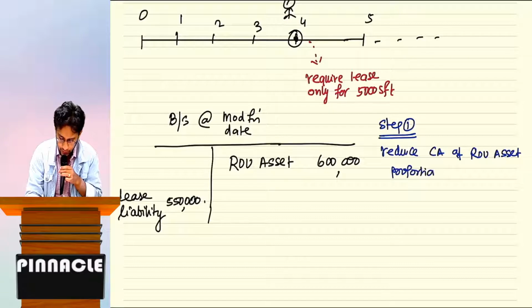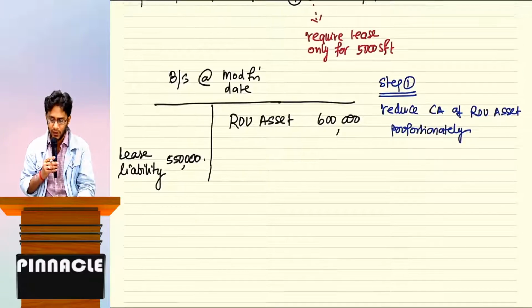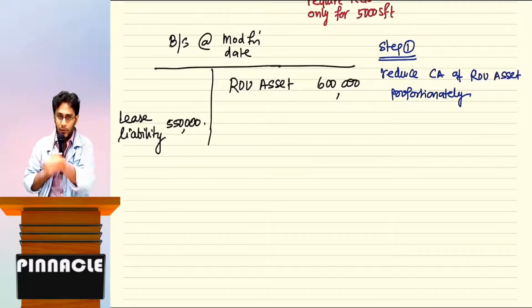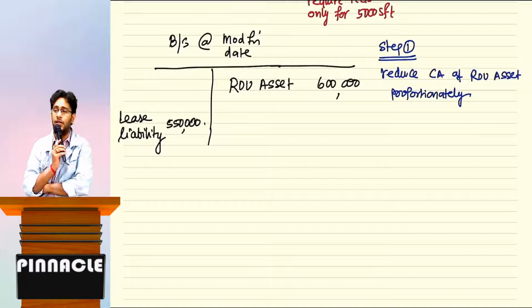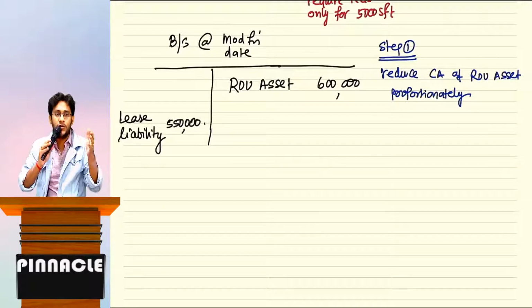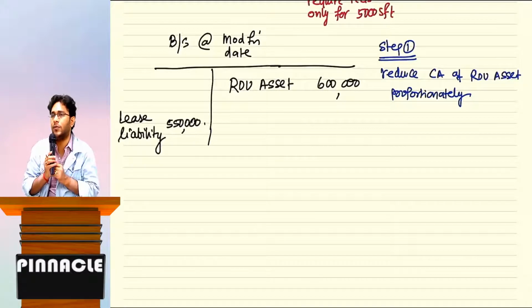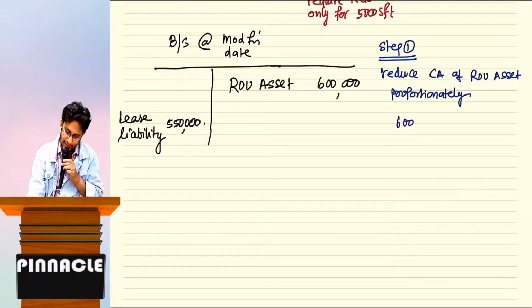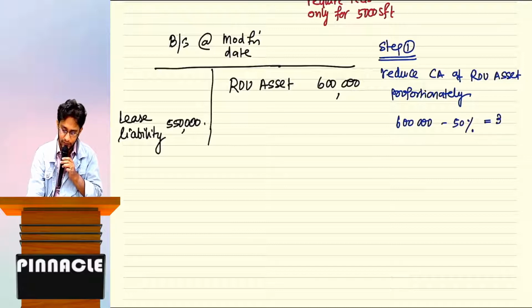Not accounting, sir, the calculation. What is the meaning of reduction of carrying amount of ROU asset proportionately? The 6 lakhs amount, whatever you are saying, is representing how many SFT with right? 10,000 SFT with right. But hereafter you will be having right only on 5,000. So, in the 6 lakhs, straight away remove 50%, sir.